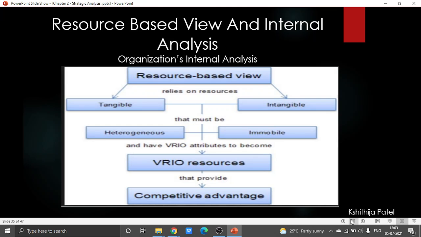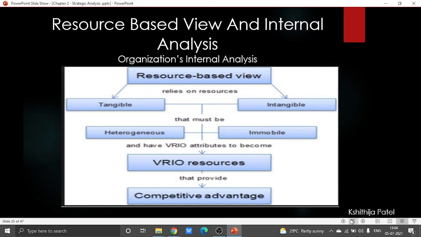So this particular model, what you can see on your slide right now, speaks about the main purpose of resource-based analysis. Now this resource-based view is seen in this model as such a premise for competitive advantage of a firm.